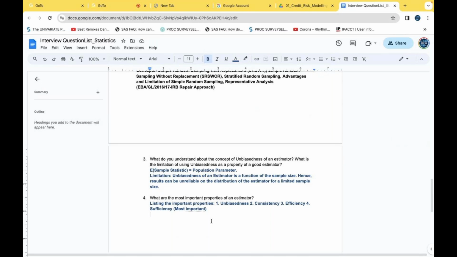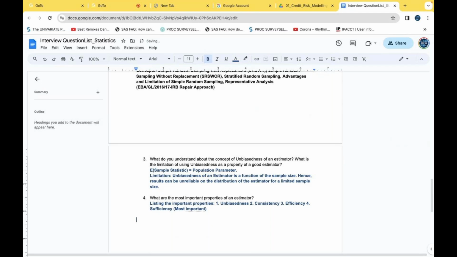Like I had given you the document for distribution and central tendency, I will also share the document with you for sampling distribution, sampling estimation, and testing hypothesis, right? This is an important point.